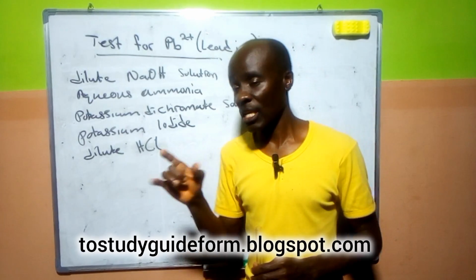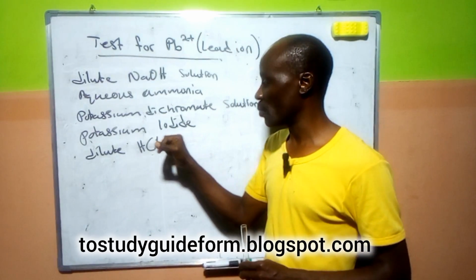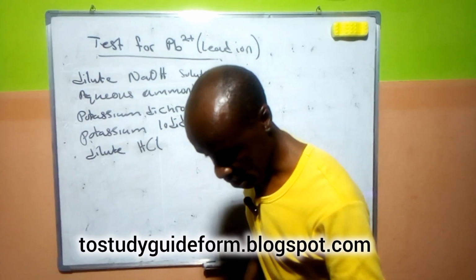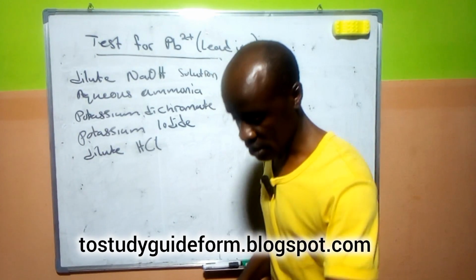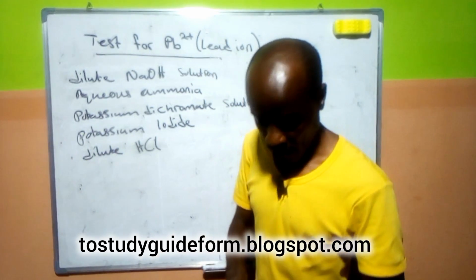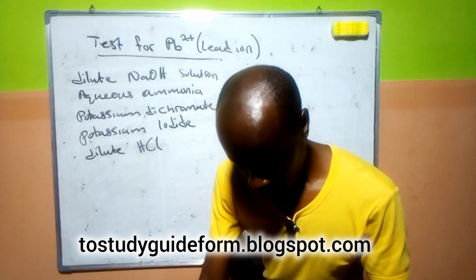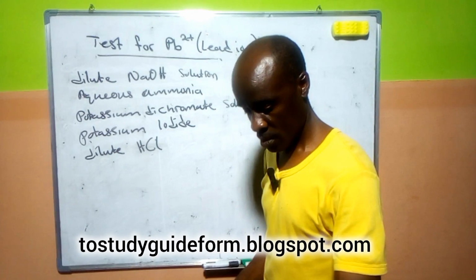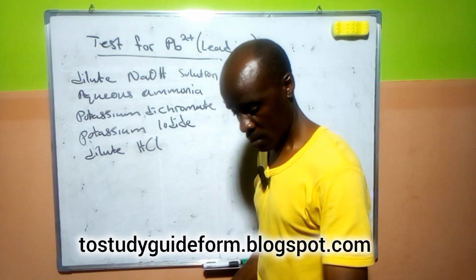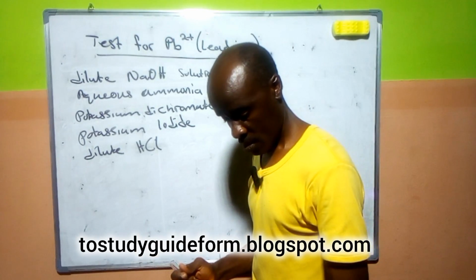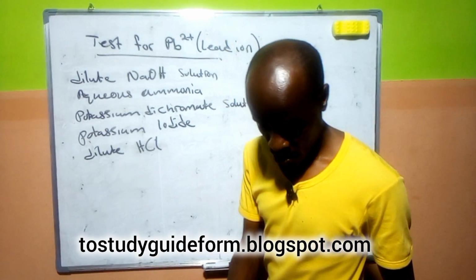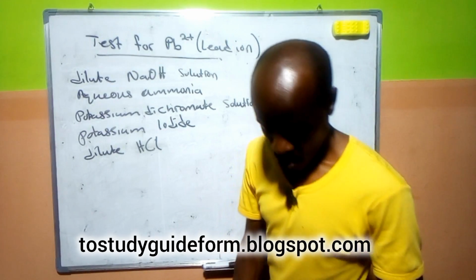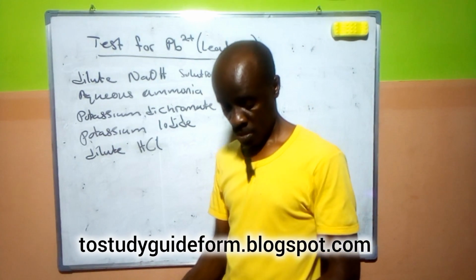The same thing is what you also experience when you add potassium iodide. So let's do the same thing with potassium iodide. This is potassium iodide. We have our lead ion.